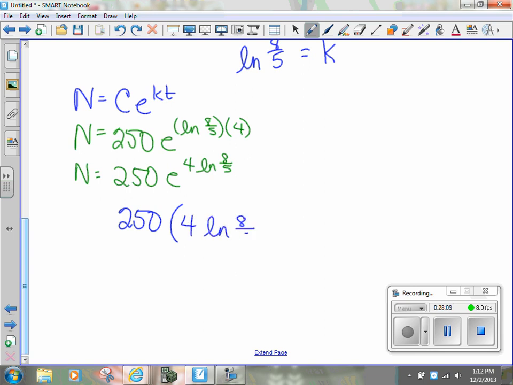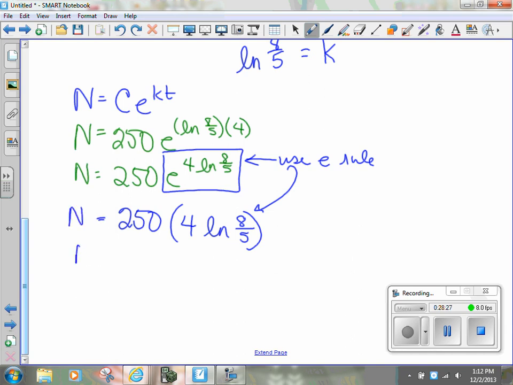This right here, we're going to use our rule again. e to the something is that something. And then you said 8/5 to the 4th power, which is absolutely right.